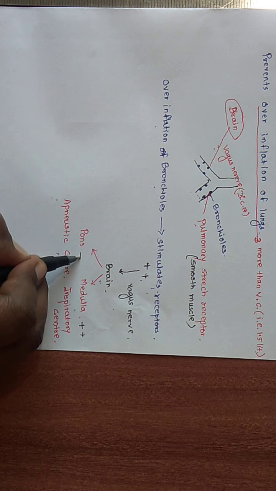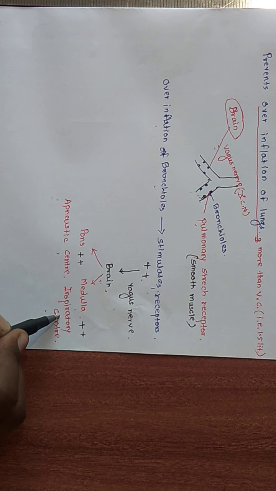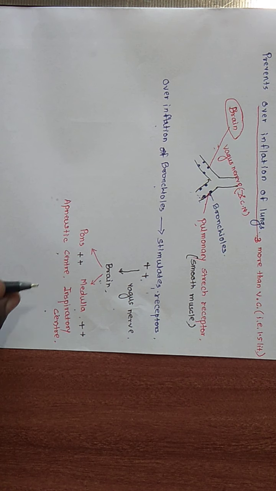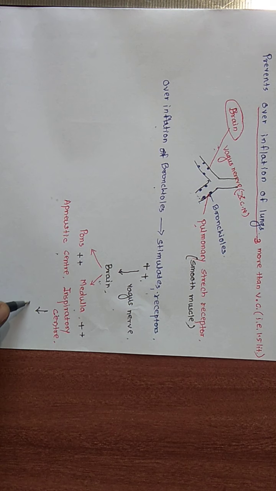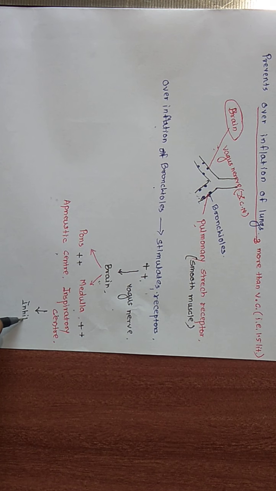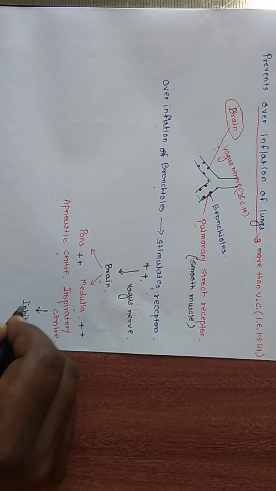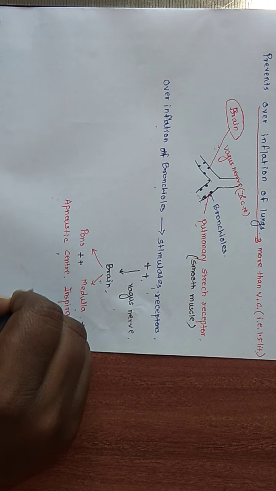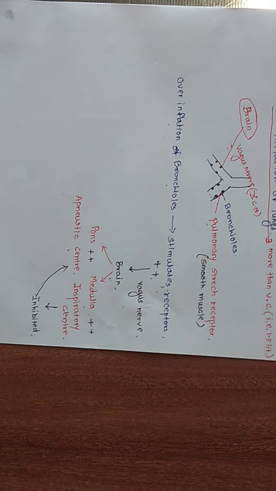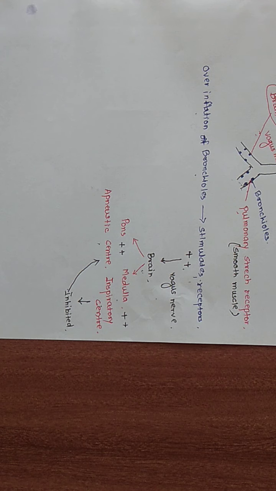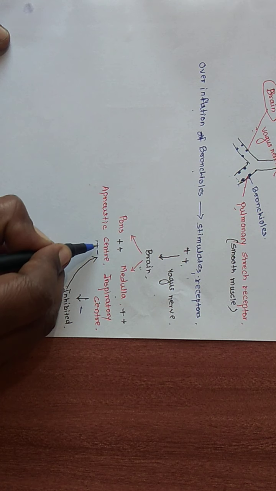This stimulus reaches these two centers. As it reaches the inspiratory center, it gets inhibited. As the inspiratory center is inhibited, it inhibits the apneustic center. Both get inhibited.